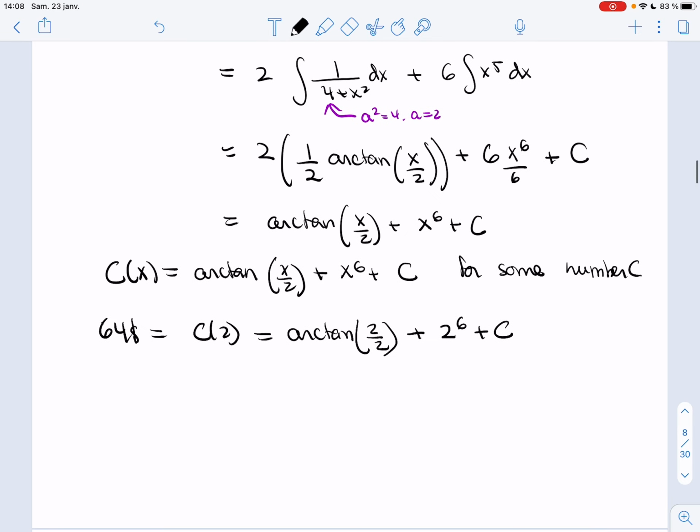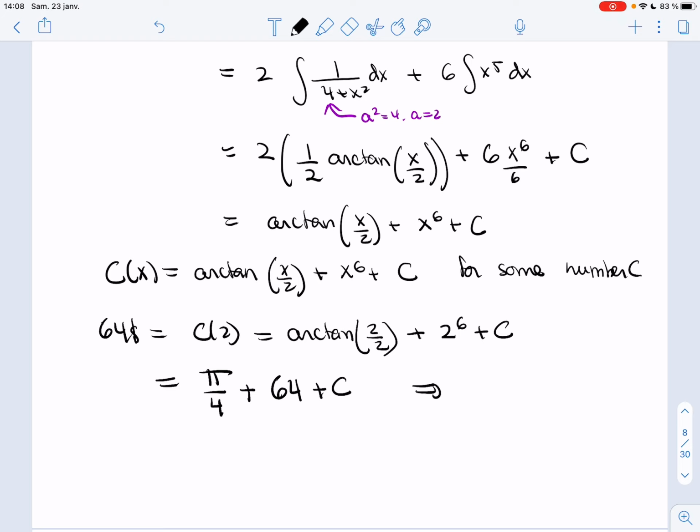All right, let's see. This is arctan of 1. Arctan of 1, if you look at your table, that's pi on 4. It's 45 degrees. Slope is 1, angle is 45. So I get pi on 4. 2 to the 6, 2, 4, 8, 16, 32, 64, plus c.